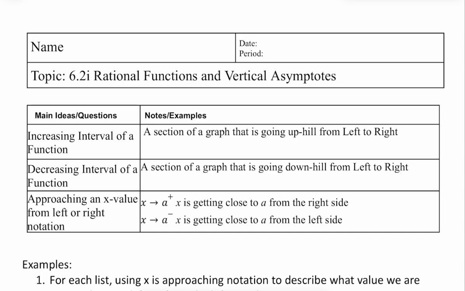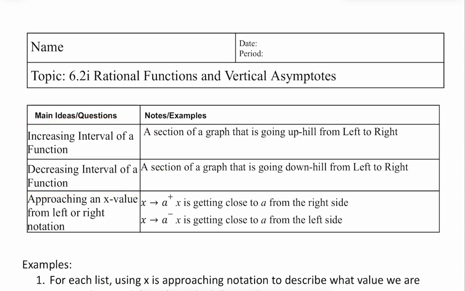When these x's happen, what is the function doing? We have increasing, decreasing, positive and negative, zeros, going to infinity. There's lots of language, but those are two little pieces I wanted you to know.